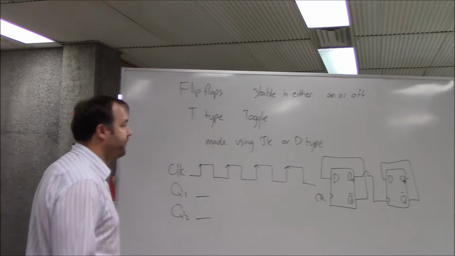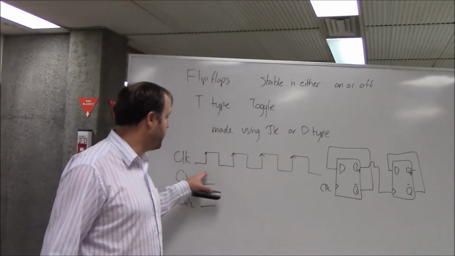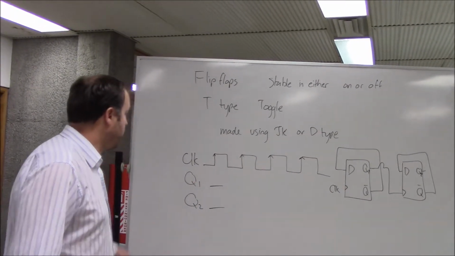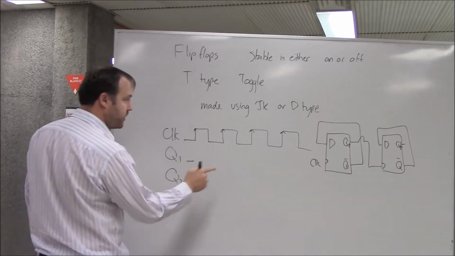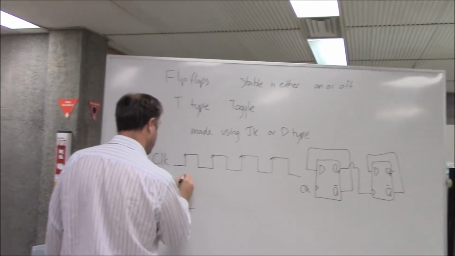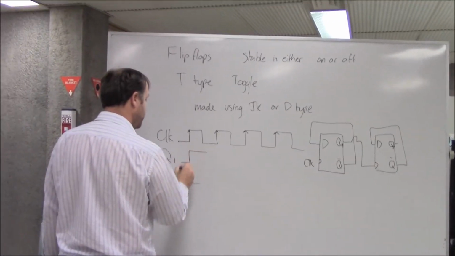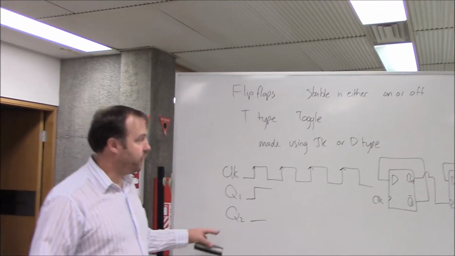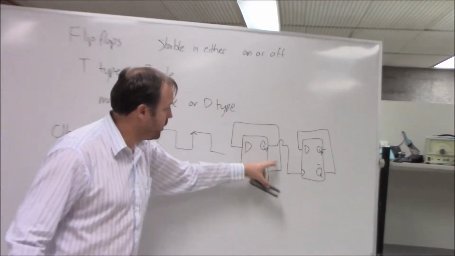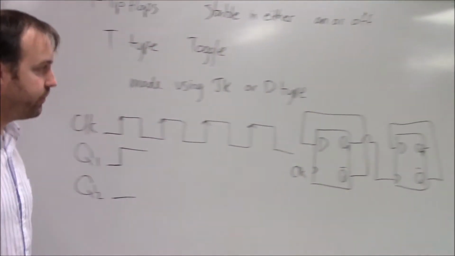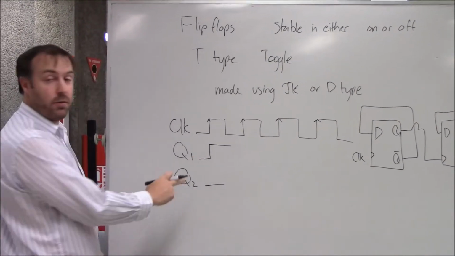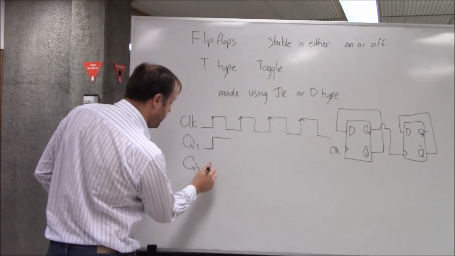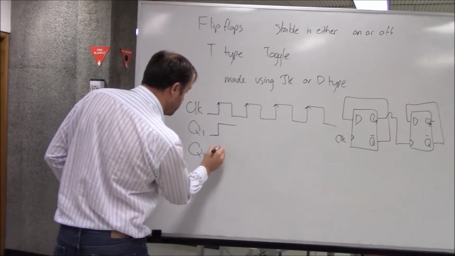This is where the first flip-flop, Q1, is going to change. So Q1 is going to change from low to high on the rising edge here. And if you look, Q1 is the thing clocking our second flip-flop there, and we've got a low to high, so that's a rising edge. That's going to trigger Q2 to change.